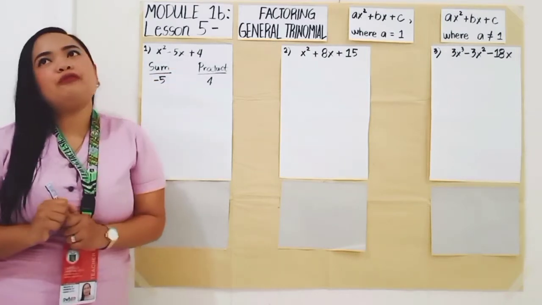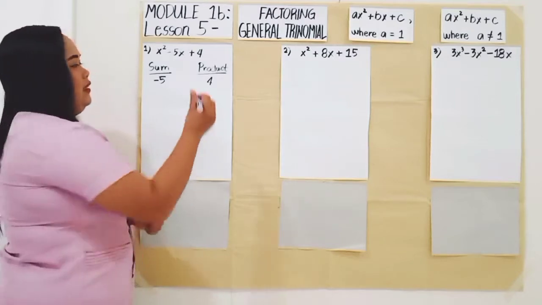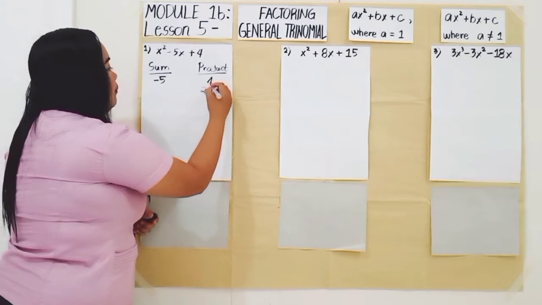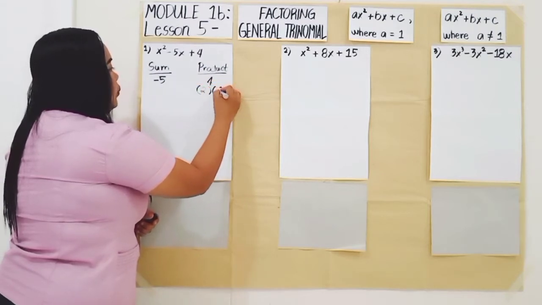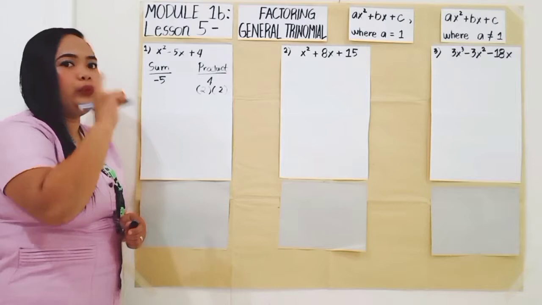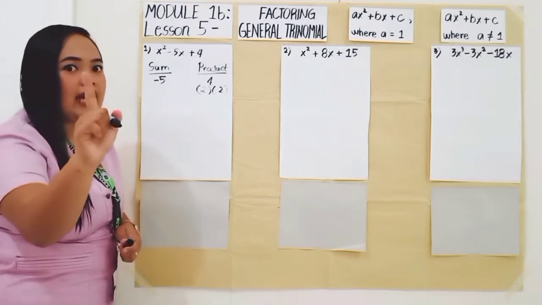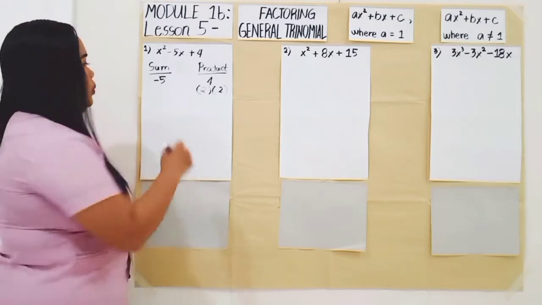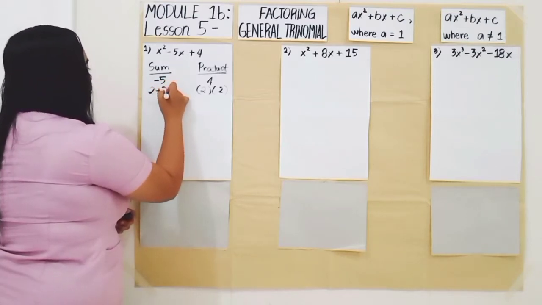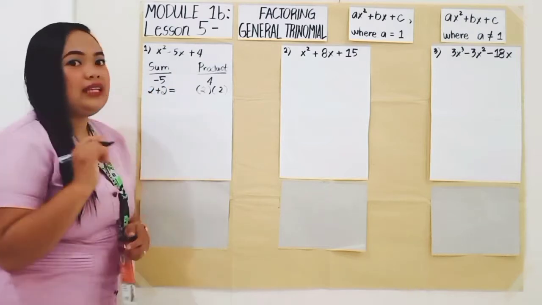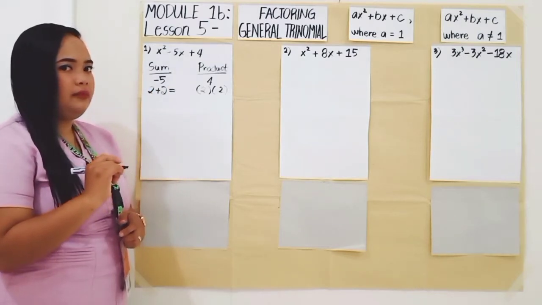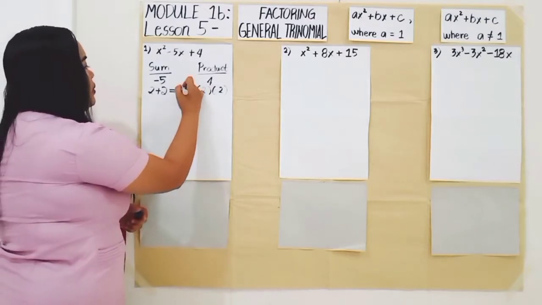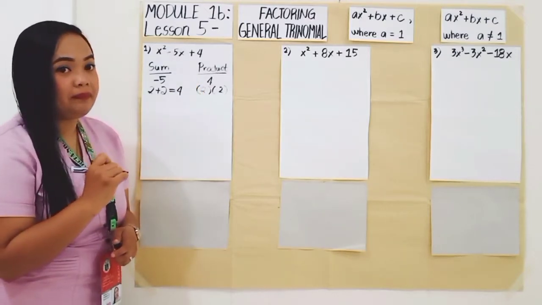So, factors of 4. Obviously, what comes to mind right away is 2 times 2, right? So 2 times 2 is 4. Now, are you going to add 2 and 2? Is it equal to negative 5? No, because obviously 2 plus 2 is equal to 4.